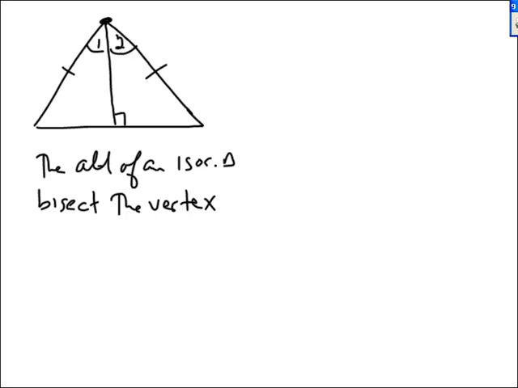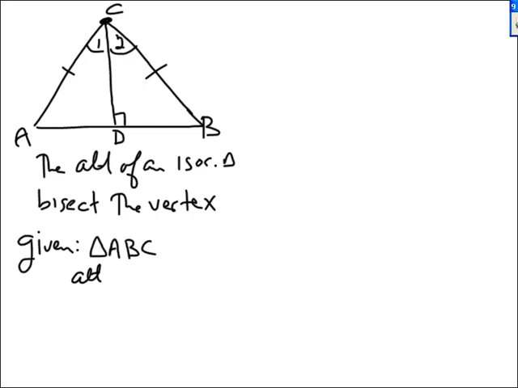So what are we given? We are given triangle ABC. Let's call this D. You are given altitude CD. You are given that AC in length is congruent to BC in length.